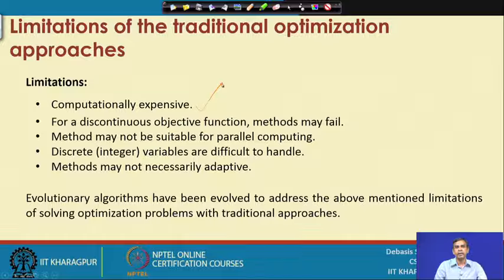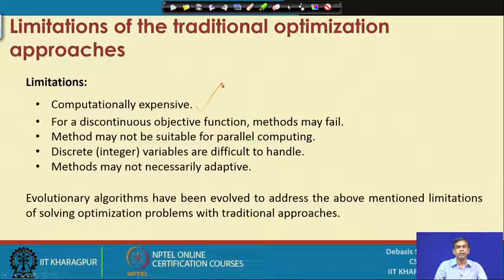And all the traditional optimization methods are usually not suitable for a discrete objective function, or for a discontinuous objective function. There are some functions which have certain values in some ranges. So, if there is a discontinuity in the objective function, those methods fail, and finding an optimum value is a time consuming task.